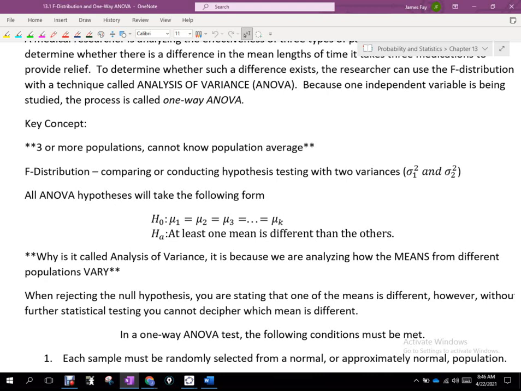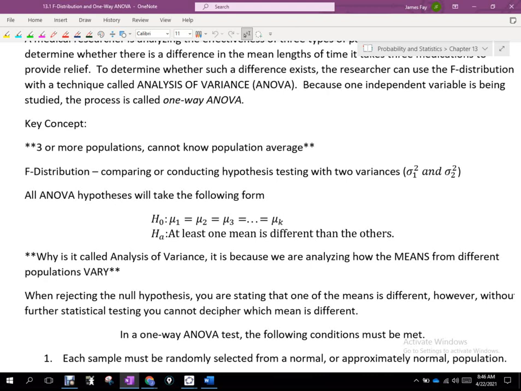The alternative hypothesis is always going to be written in words like this, where it says at least one mean is different than the others. At least one mean is different than the others. The one thing about ANOVA hypothesis testing is that the conclusion gives you a starting point.